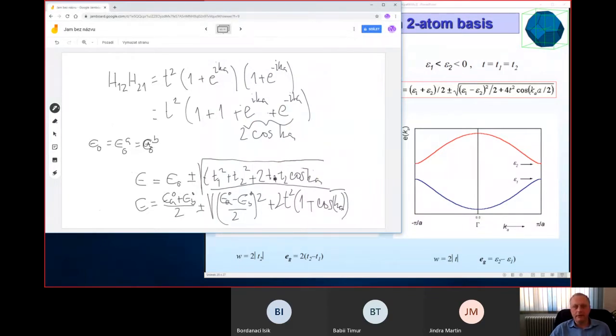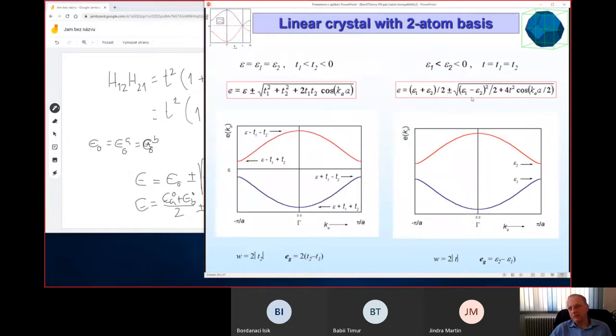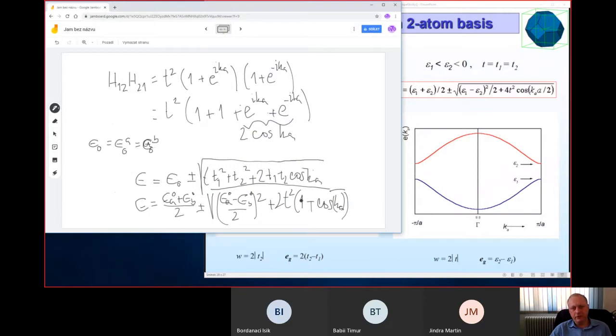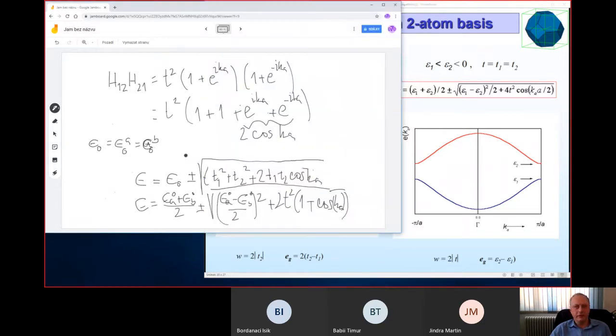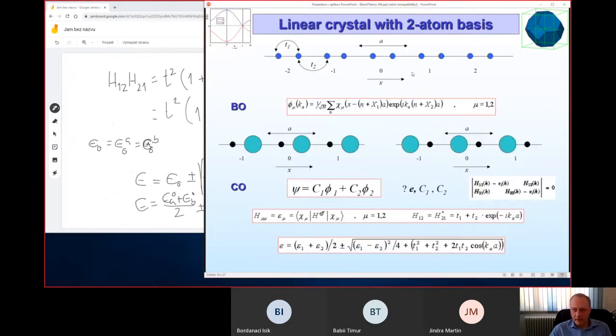And in this case, we obtain this kind of energy, this one which I have derived. Okay. We have to check whether there is this factor 1 here or not. 4t square, I'm not sure whether it is. If we go back here, then we have t square and here 2t square.